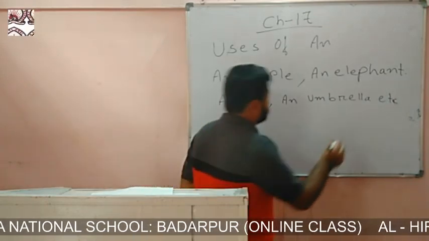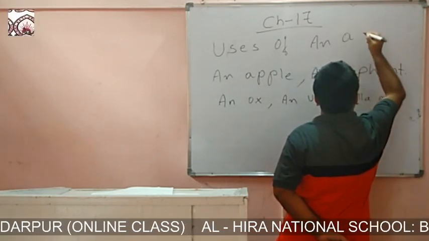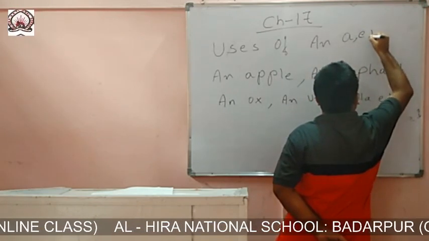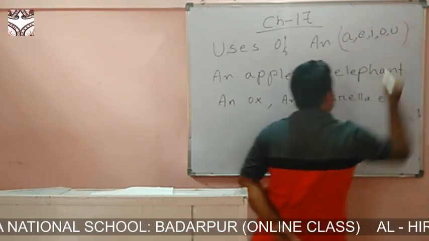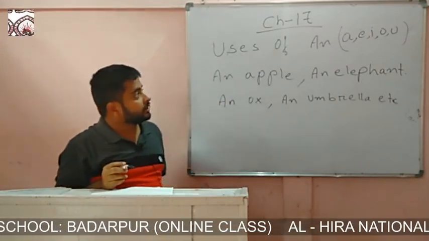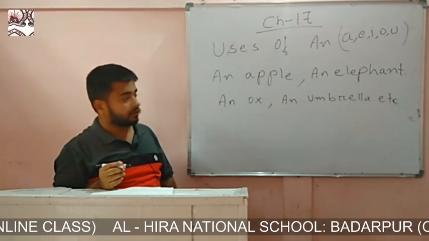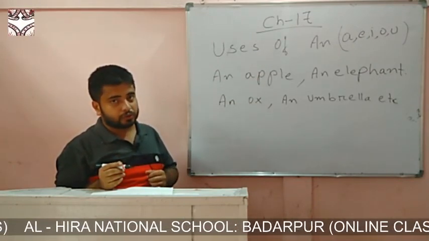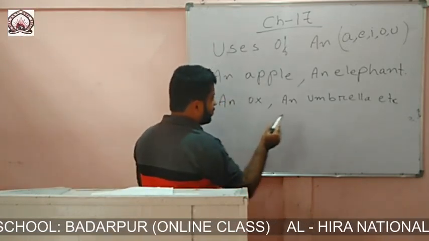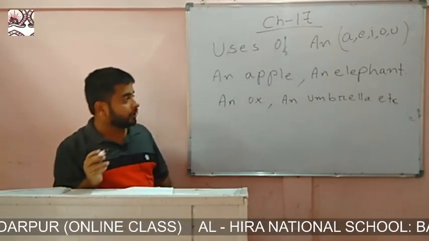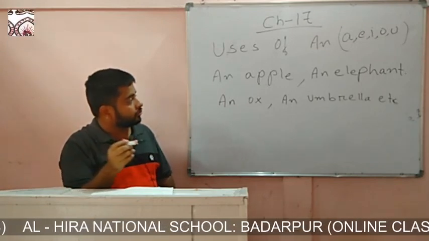Another thing we should always remember: A, E, I, O, U. After pronouncing a particular word, if these vowels come at the beginning while pronouncing, then always we should write an. Remember that, don't forget. Umbrella, when we pronounce, a comes. So a also is vowel, so I have written an.